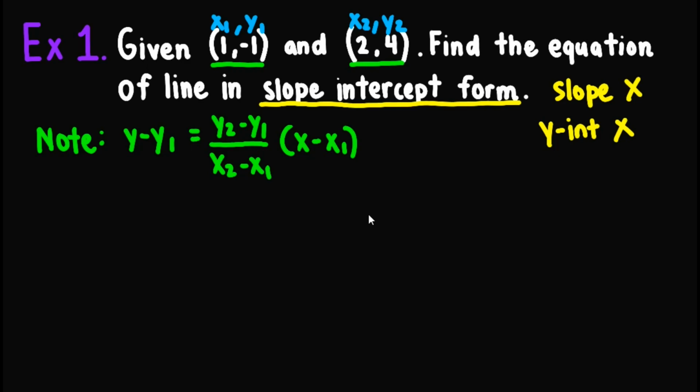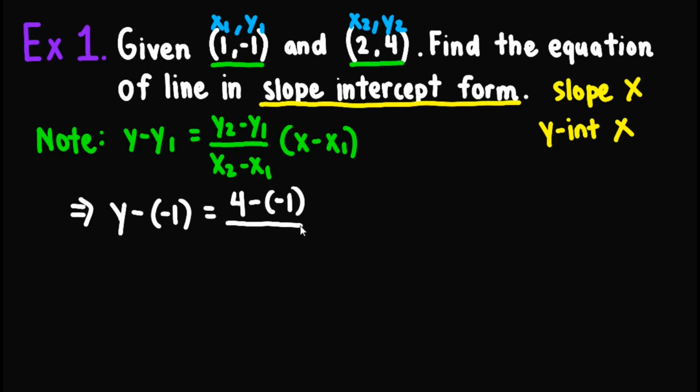Now, we simply plug in the given values. So we'll have here y minus y sub 1, which is negative 1, equals y sub 2, which is 4, minus negative 1, all over x sub 2, which is 2, minus 1, times x minus 1. And we just simplify this one.